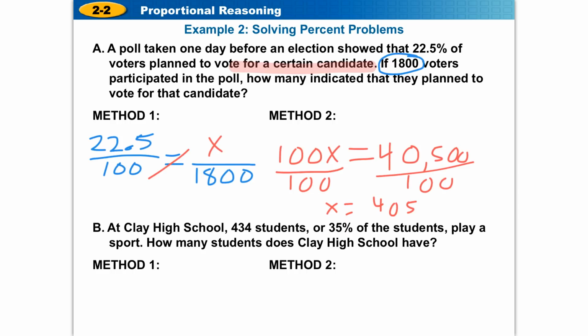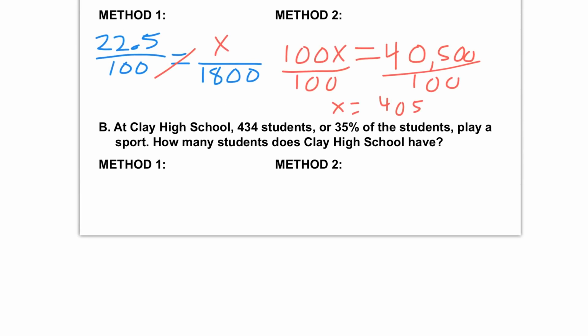The next problem says at Clay High School, 434 students, or 35%. So right there, that tells us that the 35%, put that out of 100, it says that the 434 students is 35%. So we know those have to go on the same line. So over here we're going to have 434. So the only place for the variable to go is down here.